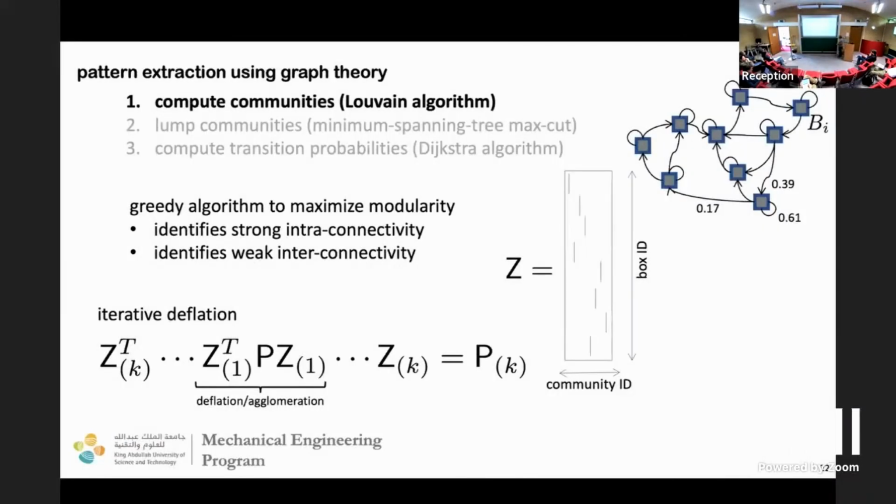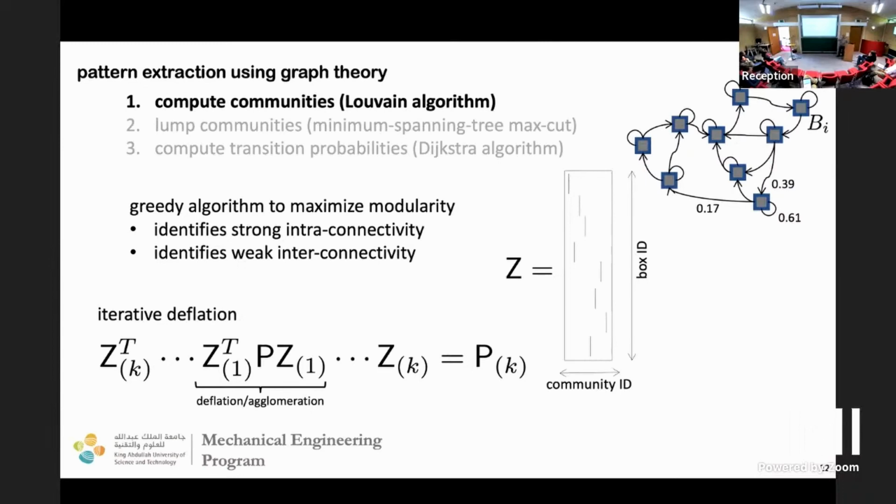Okay. So here is the community calculation. For this one, we use a Louvain algorithm. That's a very standard algorithm for doing community clustering. It's a greedy algorithm that maximizes modularity. And modularity is a measure of what belongs together, what acts the same, what lumps together, what is a clique, basically, in a social network.